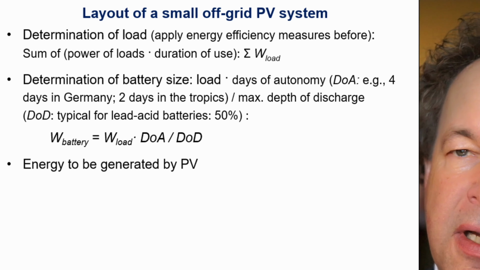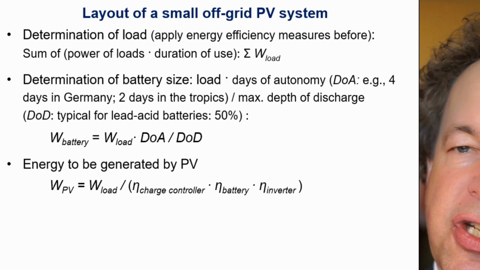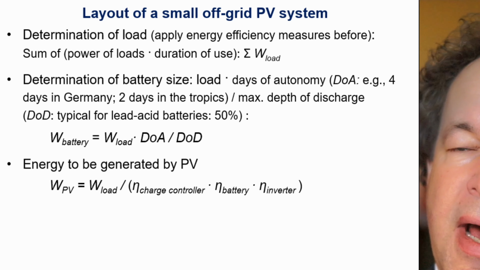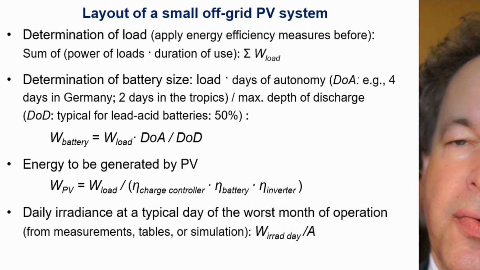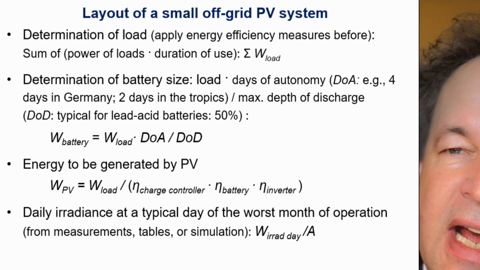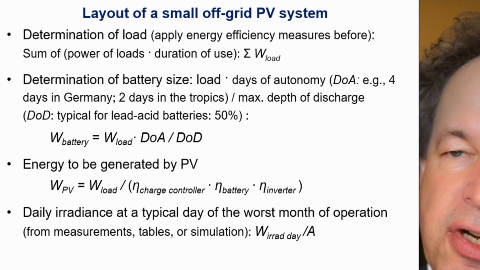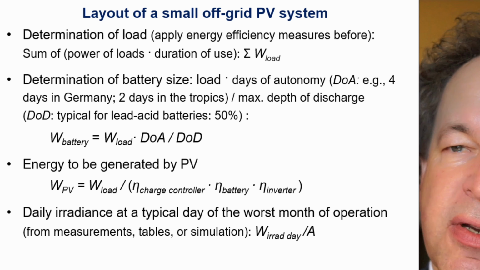So you have here the actual load divided by the efficiency of the charge controller, divided also by the efficiency of the battery, and also divided by the efficiency of the inverter. Then you take a look at the daily irradiance at a typical day of the worst month during a year of operation. Either take it from own measurements or from tables or from simulation.